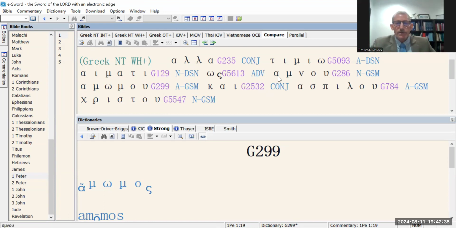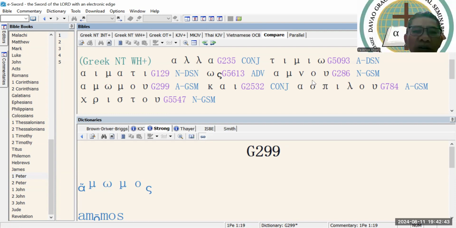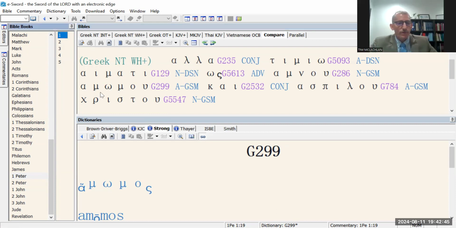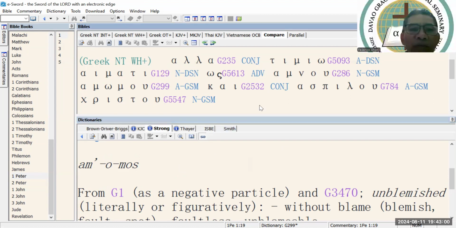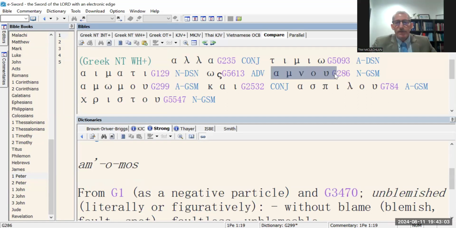Yeah, these do take on, you mean the suffix, the word endings? Yes. So, for example, if you have a look at the word amomos, down here, amomos would be if it's in the nominative, if it's going to be an adjective for a nominative noun. But here, because the noun, in this case the lamb, amnou, is in the genitive, everything that's describing the lamb has to be in the genitive as well.